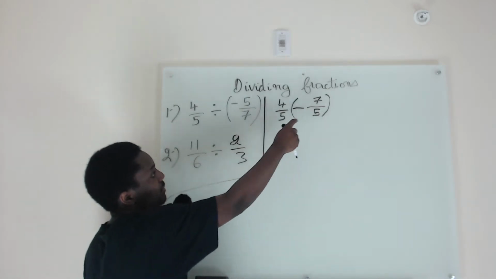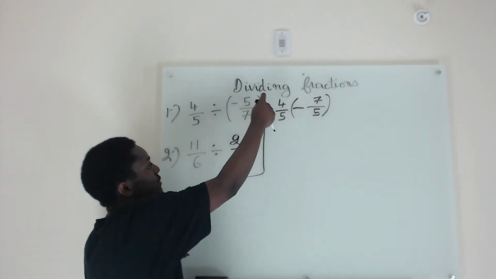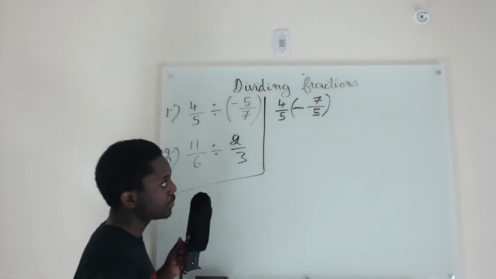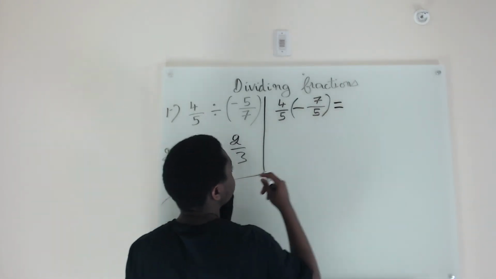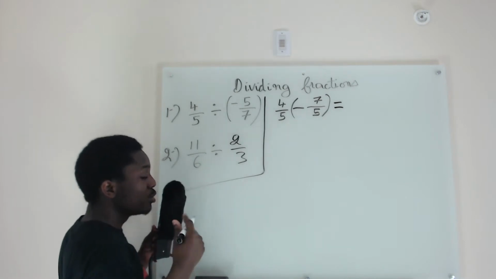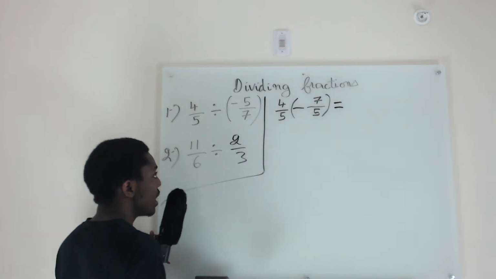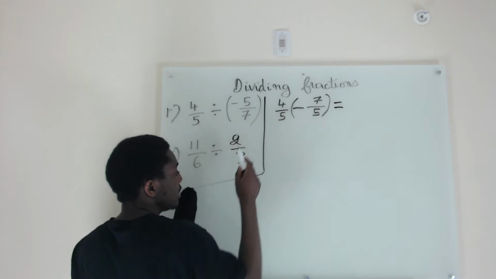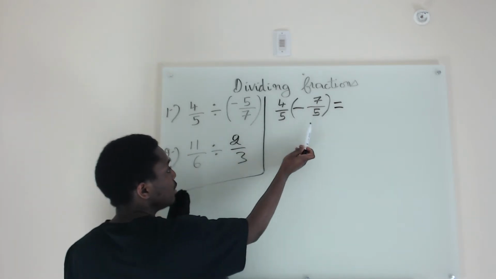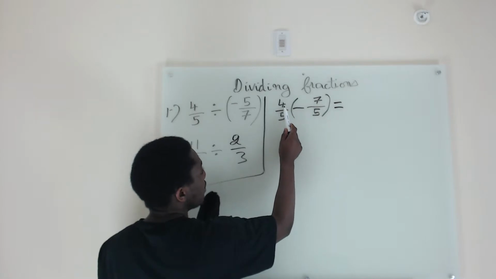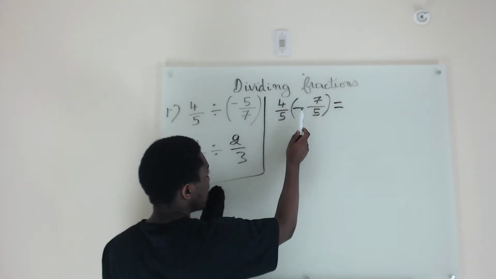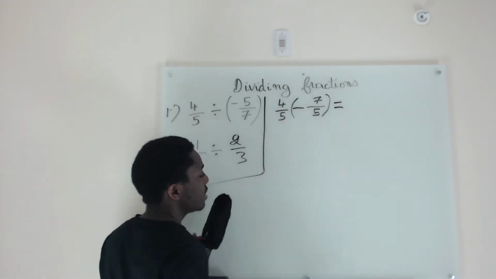Now we take 7, we put it on the top, and we take 5, put it on the bottom. So now equals. To multiply two fractions, you multiply the top and you multiply the bottom. For the top, we have 4 multiplied by negative 7.